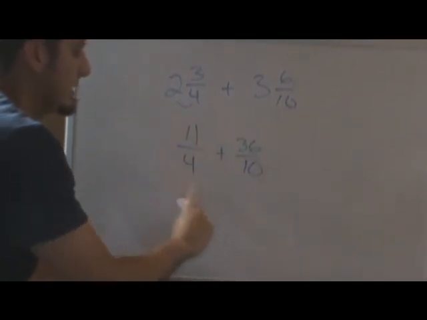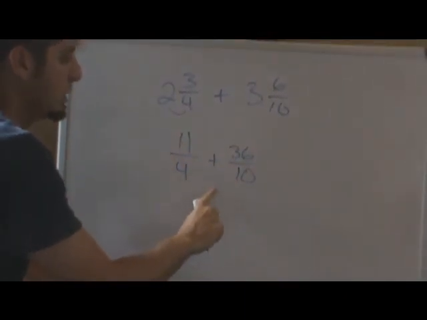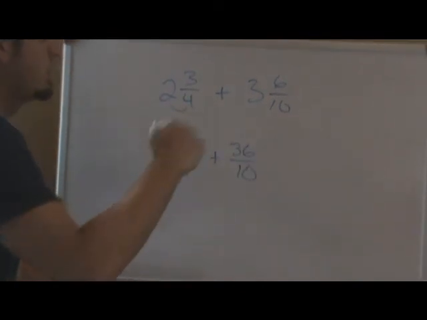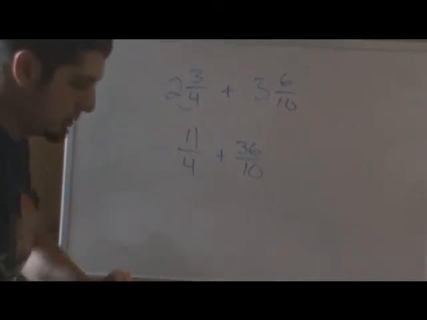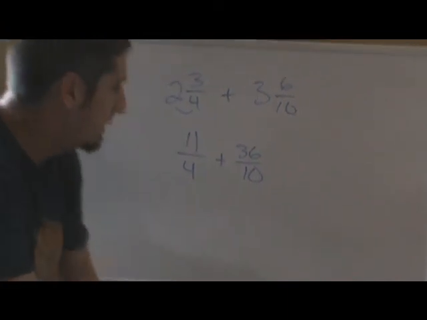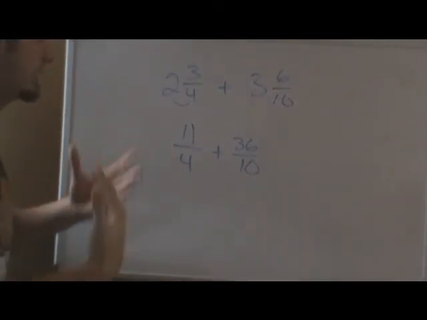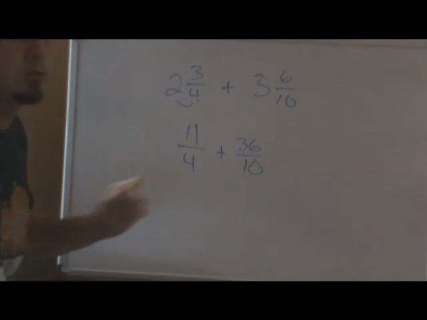And at this point now we would find the lowest common denominator, and then we would add them together. So always turn the mixed numbers into improper fractions. Other than that, the process is exactly the same. You treat these like you would any other two fractions. So tune in for the next video.